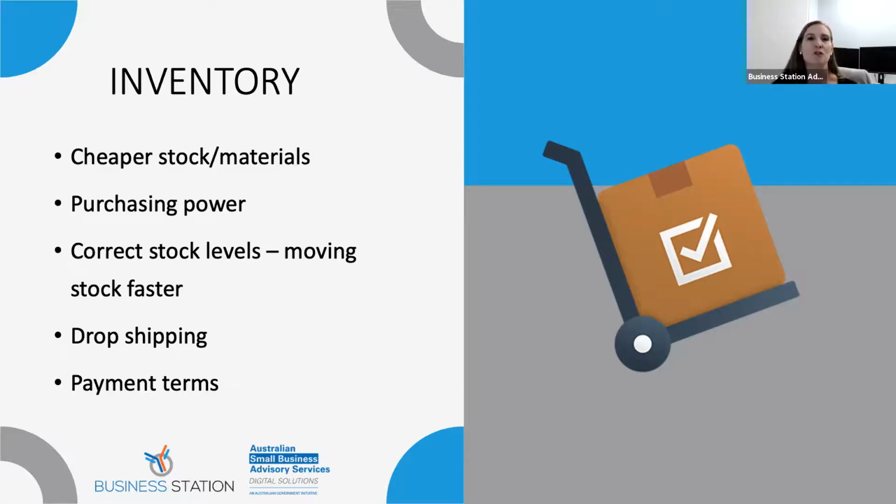You only order once you've had an order from your customers, but you have to be really careful there that there's no delay on delivery to your customers. You don't want your customer service to be impacted by the fact that you've chosen that sort of way of ordering stock. So where does the stock come from? How long does it take to get to your customers? They're the key things I'd be looking at there. But if you can make that work, that can be fantastic.